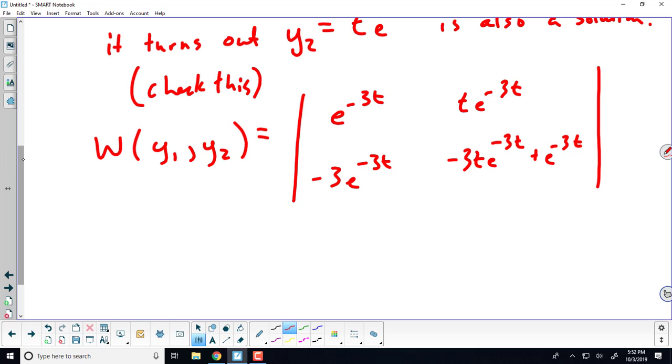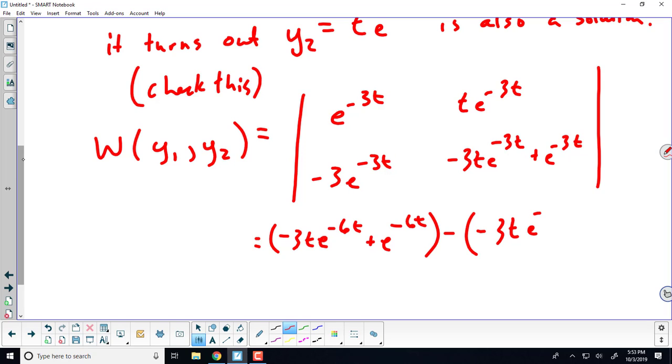When we take the determinant of this, the first product gives us minus 3t plus 1 times e to the minus 6t, and then minus the other product, which gives minus a minus 3t e to the minus 6t.